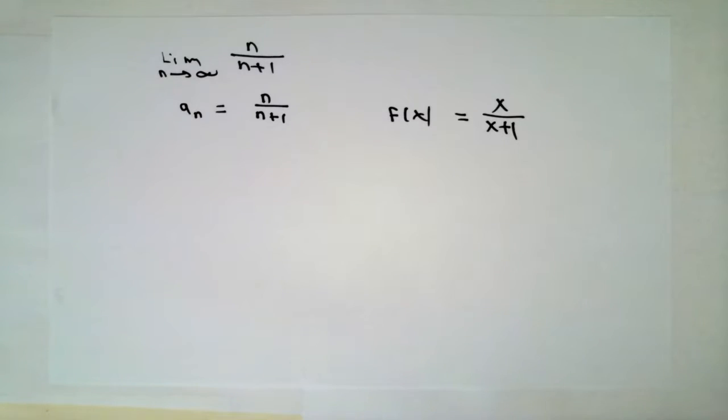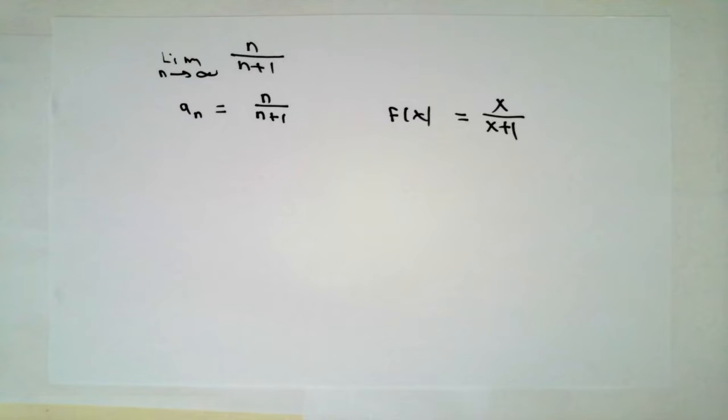I want to go back and look at the limit as n tends to infinity of n over n plus 1. The individual a_n's are n over n plus 1. The f function is going to be f of x equals x over x plus 1.